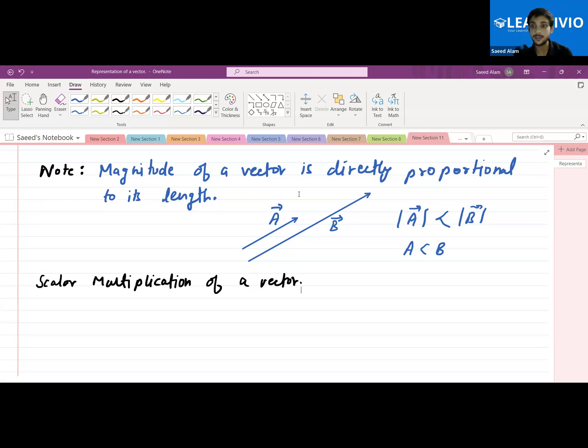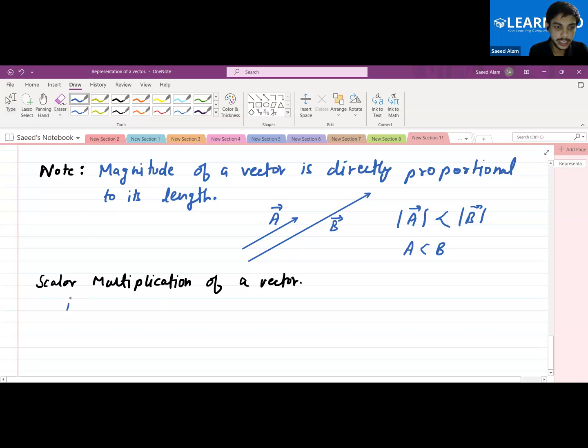So have you realized this? That while reducing the vector, you had not taken care of what the direction is. Direction will remain the same, only the length of the vector will be reduced. Yes or no? Yes. So that means scalar multiplication does not change the direction. Yes or no? Yes.